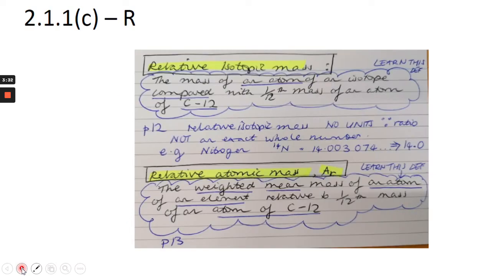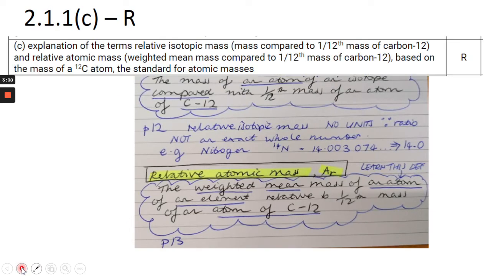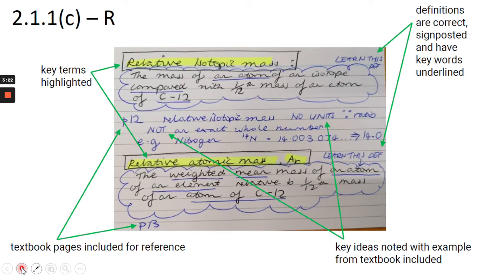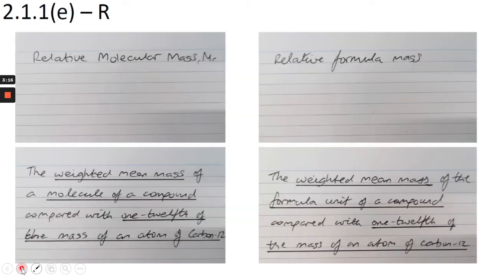So this one, you can see it links to this particular learning outcome, because that's where those particular definitions are listed. And what the student has done is that they've highlighted the key terms, including the textbook pages, with some key ideas, and made sure the definitions are correct.